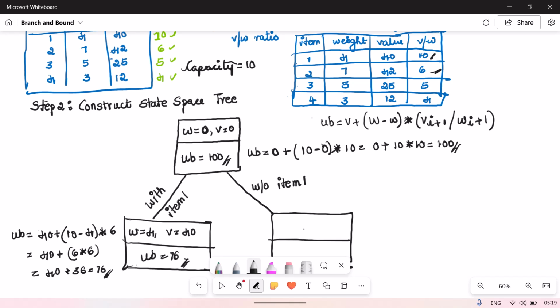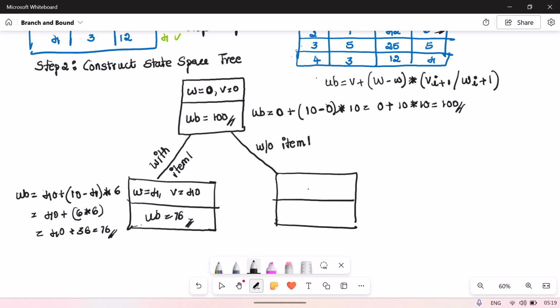Okay, let us do the other side now. See, it says without item 1. So without item 1 means what you have to do. Remember, when you have that without option, you will have to consider the weight and value of the previous item that was considered. See, this is item 1. So I'll consider the weight and value of the previous item, that is 0th item. Its weight is 0 and value is also 0, correct?